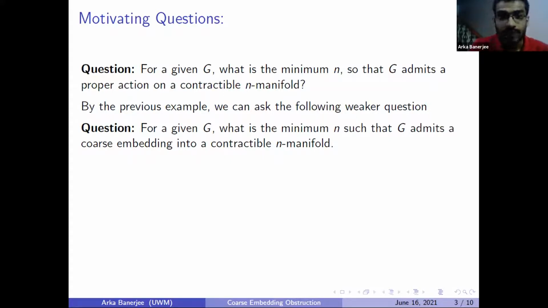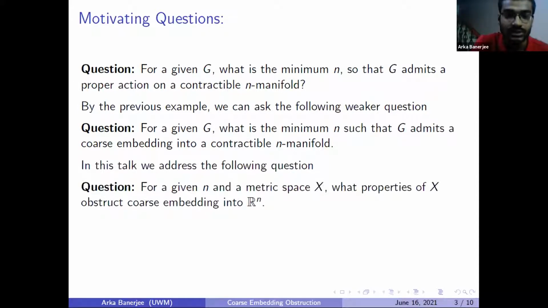My talk is really about finding a lower bound for this n. And why stick to a group? We can ask this question for a general metric space. For a given n and a metric space X, the real question that I'll discuss in this talk is what properties of X obstruct coarse embedding into R^n for fixed n.